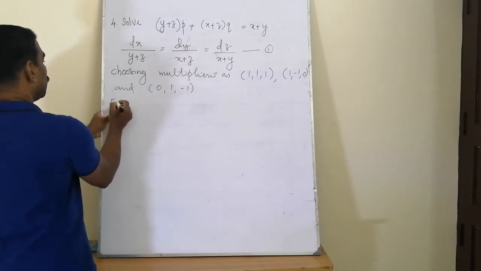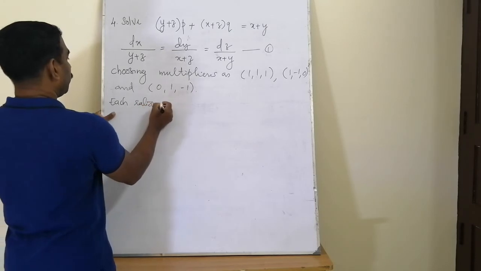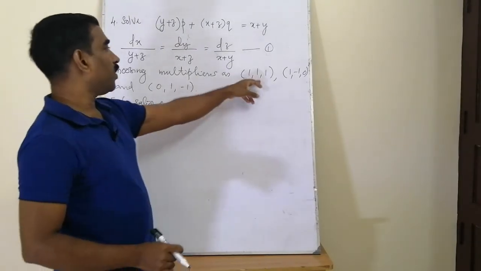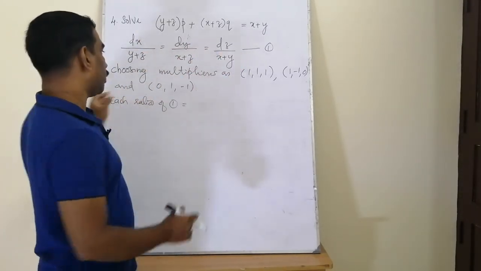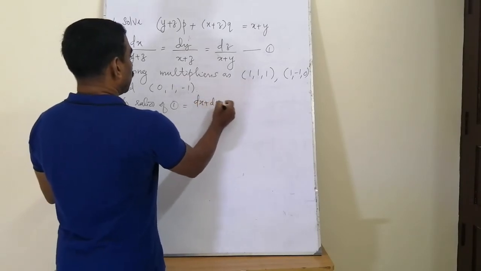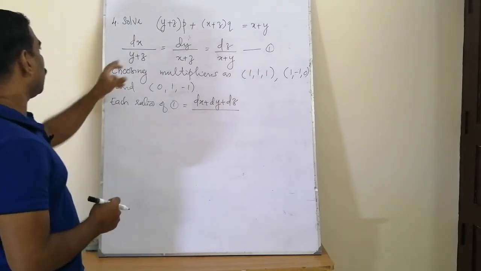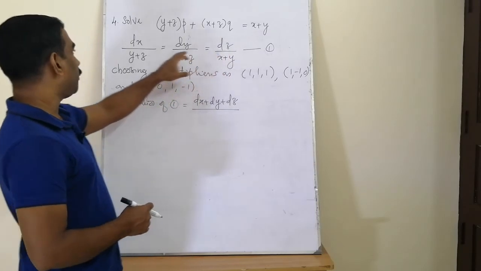So each ratio of set number 1 is equivalent to, for the first set of multipliers 1, 1, 1, that means we are multiplying every ratio with 1 each and adding together, we get a fourth ratio as dx plus dy plus dz divided by y plus z plus x plus z plus x plus y. It is a sum.